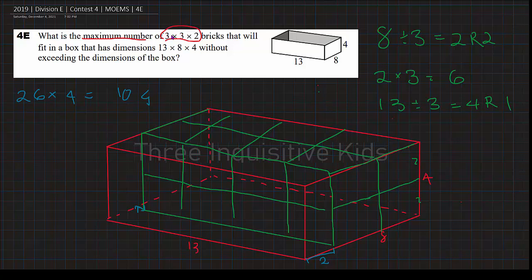And what's 3 times 3 times 2? It's 18. So is it possible we can fit any 18-sized bricks in here? Well, we can actually slant it over here. The height over here would only be one layer.